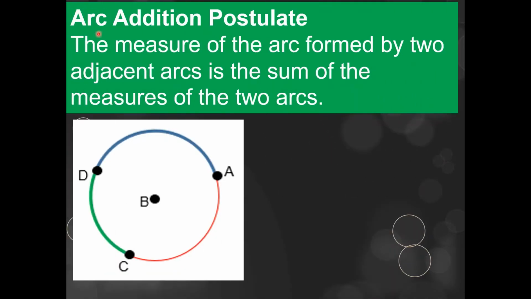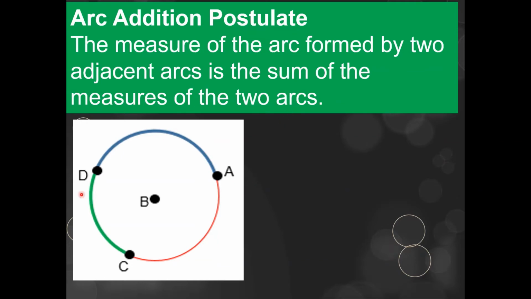We have here the arc addition postulate. It says that the measure of the arc formed by two adjacent arcs is the sum of the measures of the arcs. Ibig sabihin nito, kapag meron isang arc na na-form with two adjacent arcs, ibig sabihin ng adjacent ay magkatabi, then its measure is the sum of the measures of the two arcs.